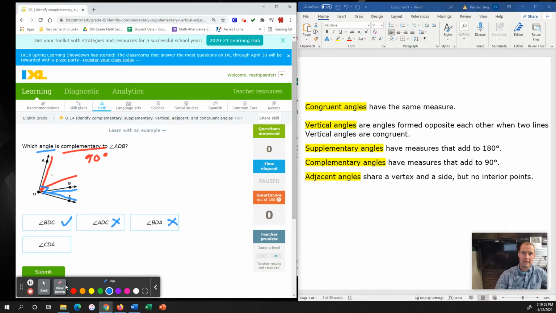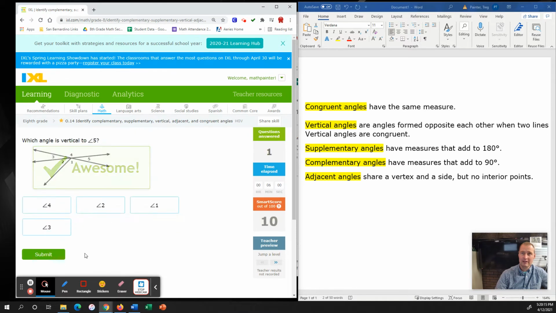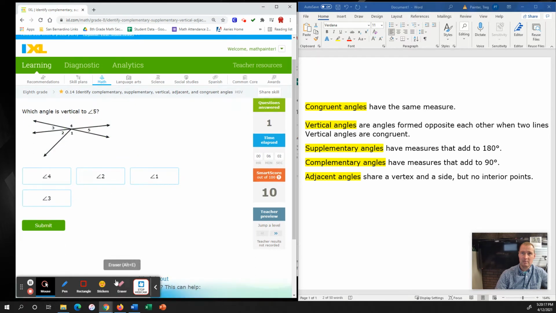And the last one, CDA, is actually the same thing as ADC. So we don't need that. So the only one that's going to be correct is BDC. So let's go ahead and apply that and see how that worked out. Here we go. BDC adds up to 90 degrees. Perfect. All right, on to our next problem.